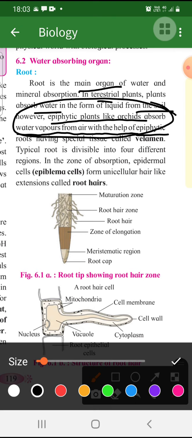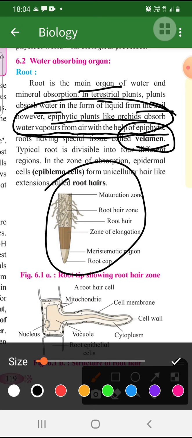देन जो रूट के जोन्स होते हैं, अच्छा, what is that special tissue that is present in that epiphytic? It's velamen. And when you are dividing the roots, this is a root, you have different zones. कुछ एरिया absorption के लिए होता है, कुछ एरिया epidermal cells के बने हैं, and some are for growth, right? So these are some zones of the root.